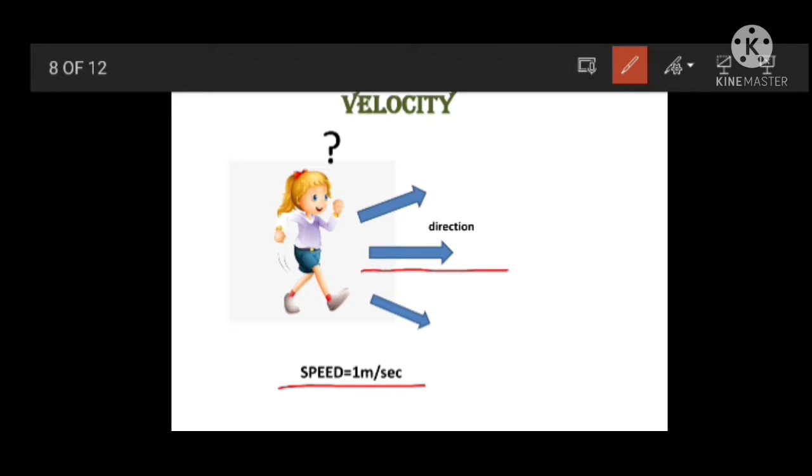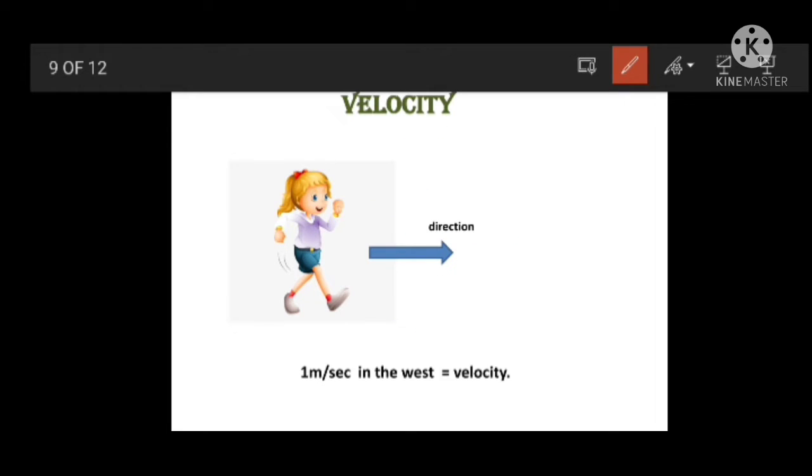What is the thing that gives us the information regarding the speed and the direction of an object? Yes, that is velocity. Velocity will give us the information about the speed as well as the direction of a moving object. We can say that the velocity of the girl is 1 meter per second in the west direction.